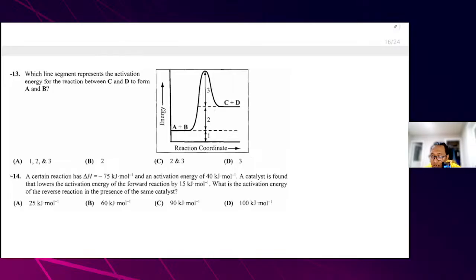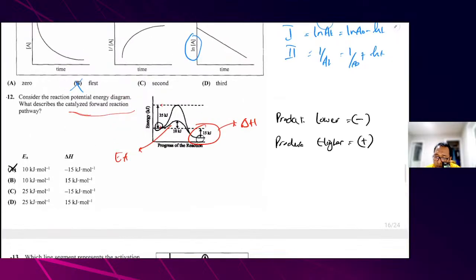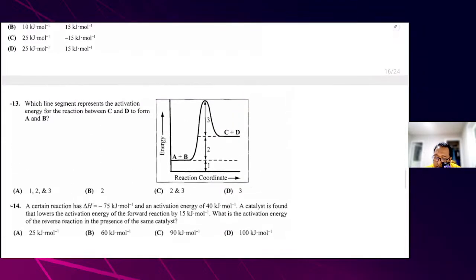Okay, as you can see, guys, the previous one is forward. This is the backward reaction. We are going backward, so C and D. We need to understand line 3, the activation energy.